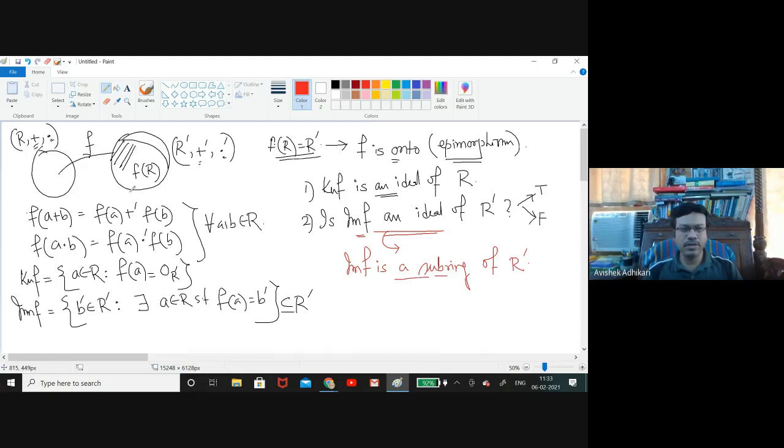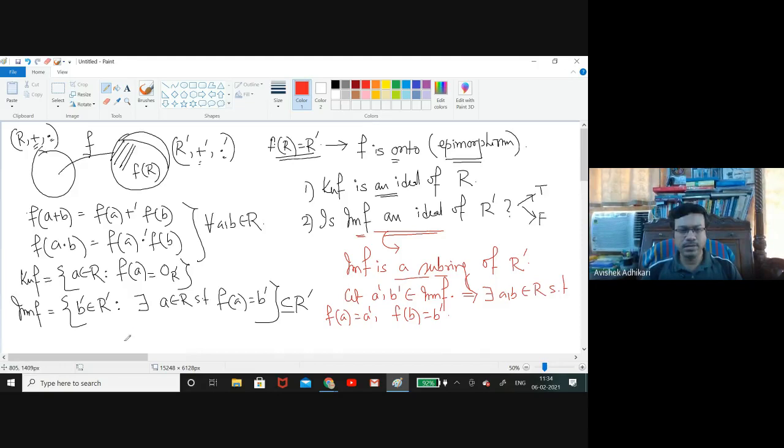For that we need to take two elements, let A dash, B dash belong to image F. Since they are in image F, there exist A, B belonging to R such that f of A equals A dash, f of B equals B dash.